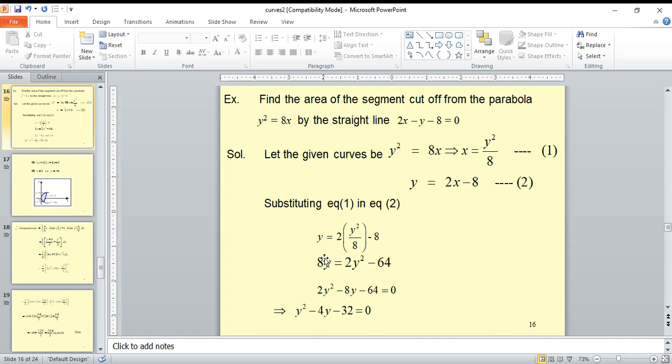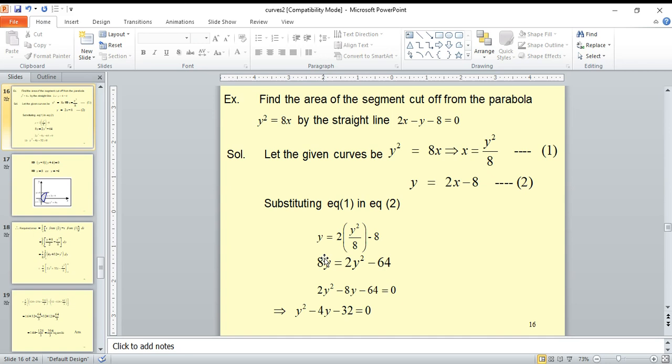This is the intersection of y square equal to 8x and the straight line 2x minus y minus 8 equal to 0. In that, one curve and a straight line are given, but they have not given any upper interval and lower interval. You have to find the interval.